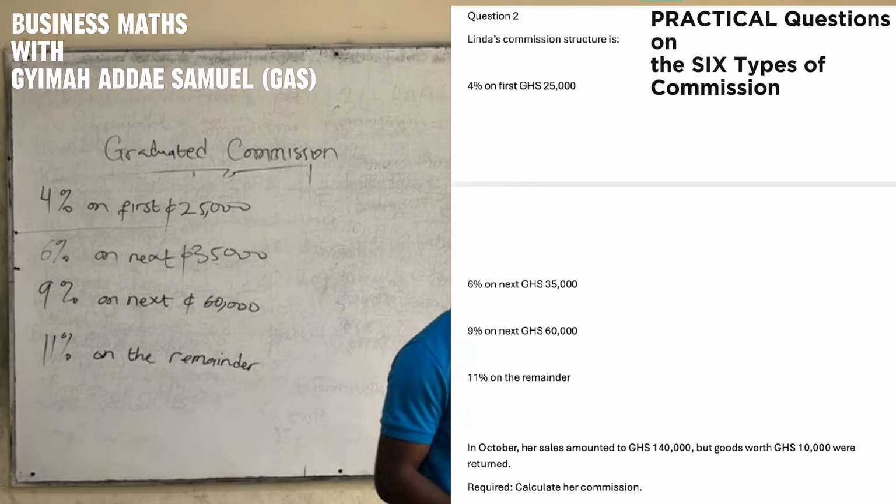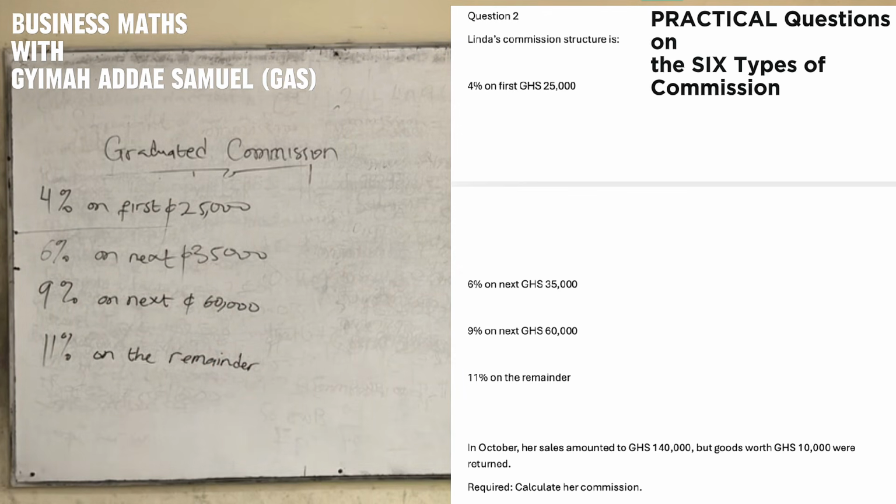In October, her sales amounted to 140,000, but goods worth 10,000 were returned.